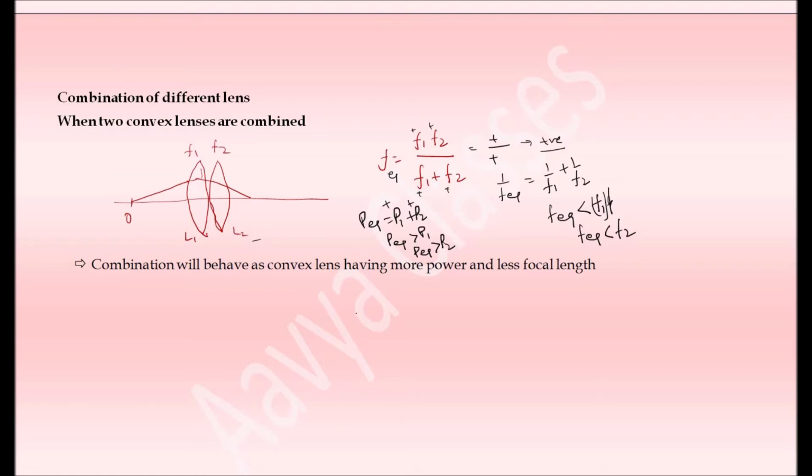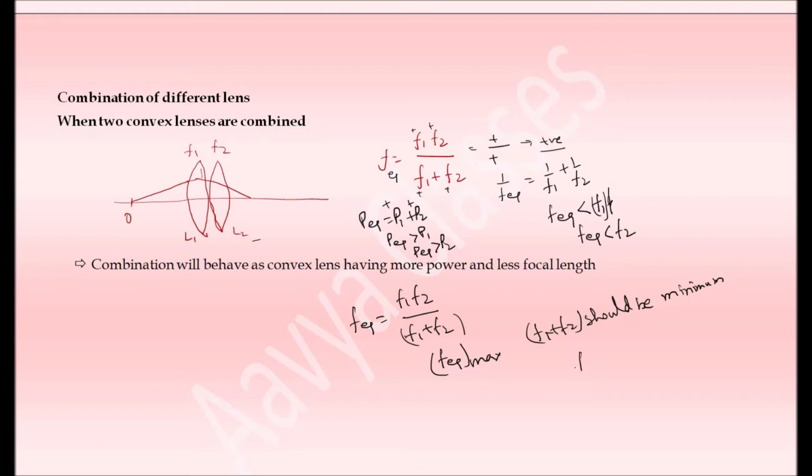So suppose that the formula of the equivalent lens is f equivalent equal to f1 f2 divided by f1 plus f2. To calculate the maximum f equivalent, the f1 plus f2 term, which is in the denominator, should be minimum. And as we know from the inequality, a plus b must be greater than or equal to twice the square root of ab.